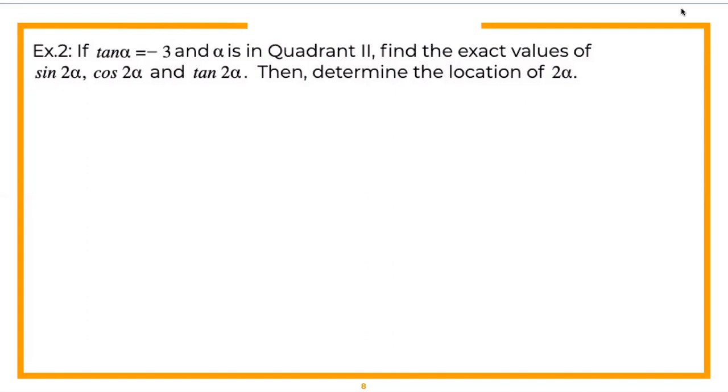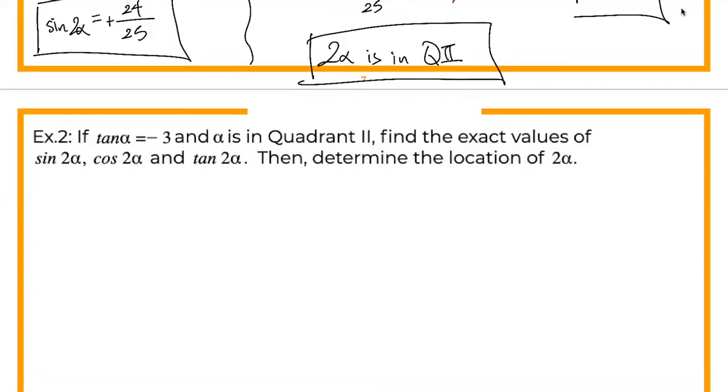Okay. So let's do some of that same pre-thinking. Alpha is in quadrant 2. That means that alpha is between 90 and 180. What does that mean 2 alpha has to be between? 180 and 270.